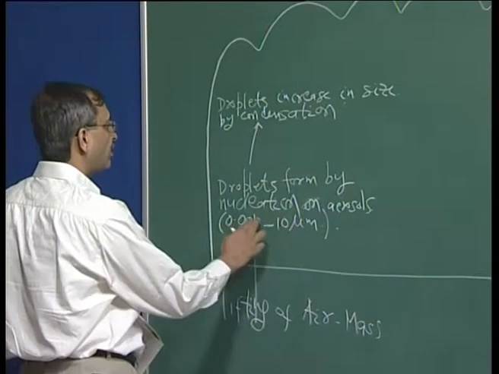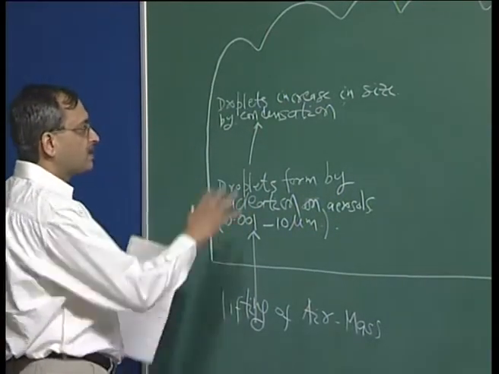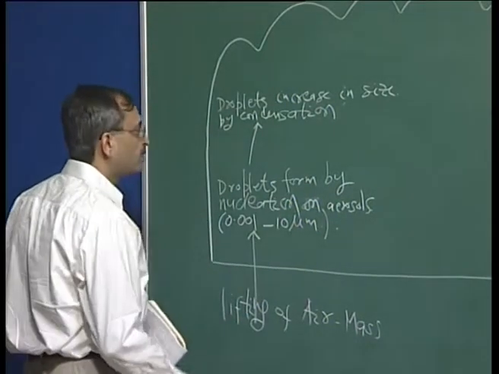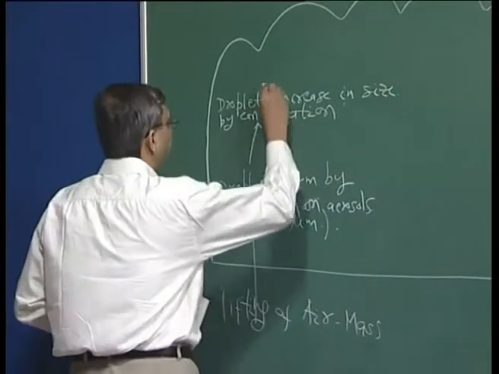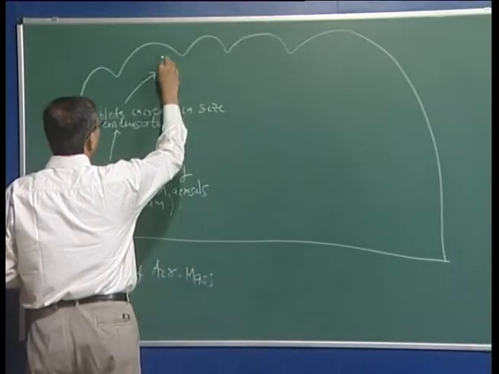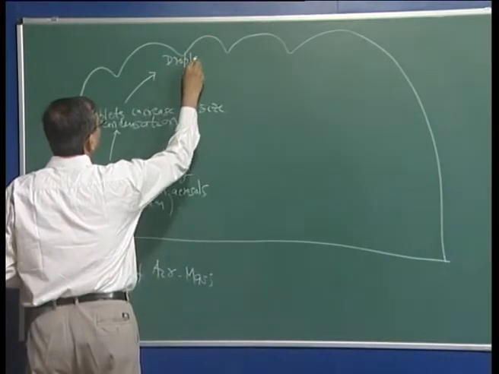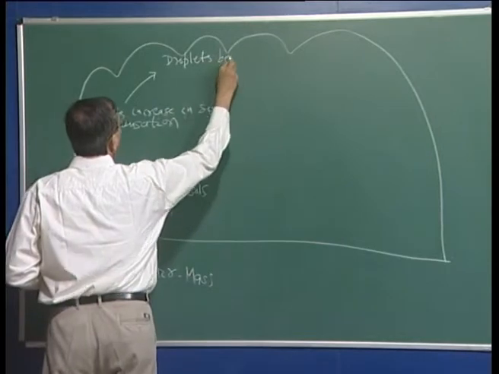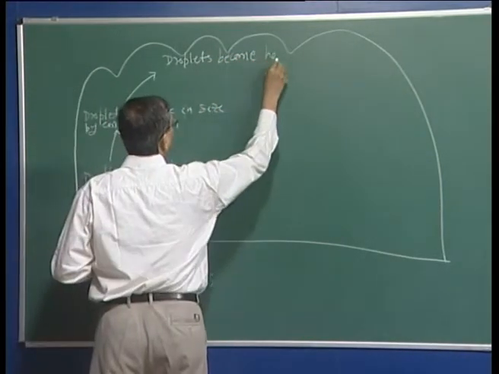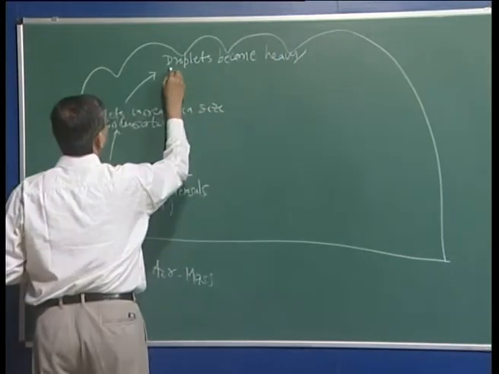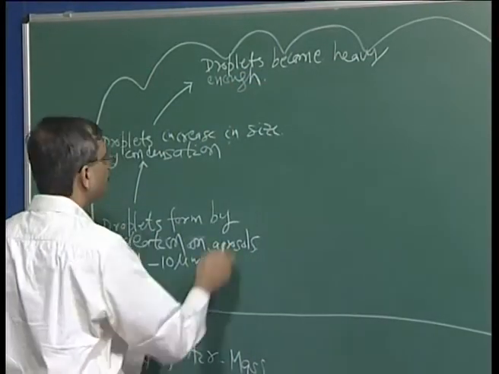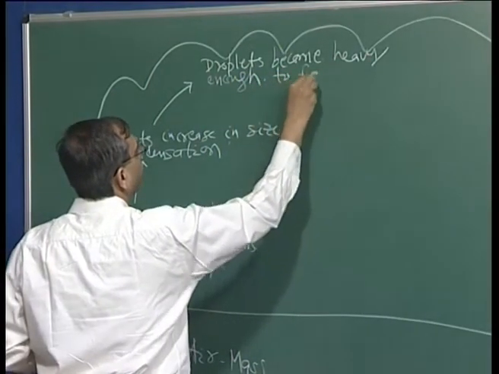Small tiny droplets have formed, and after that there is a lot of activity that takes place in a cloud. These droplets will increase in size due to further condensation. Then the droplets become heavy enough to start falling.